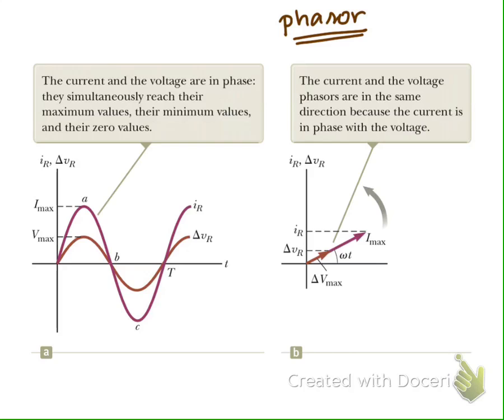In this figure, just imagine that we have a bar or a rod of something in the imaginary space, and this bar rotates with a constant angular velocity.